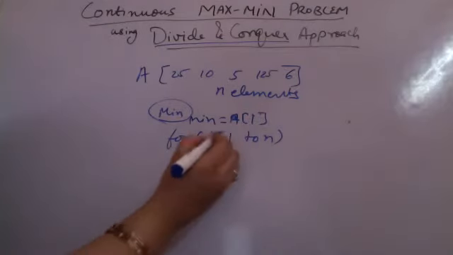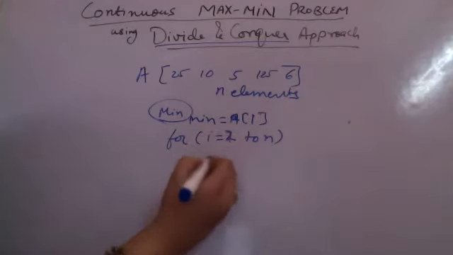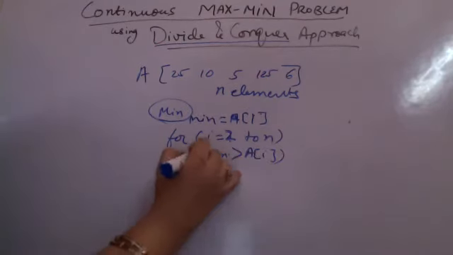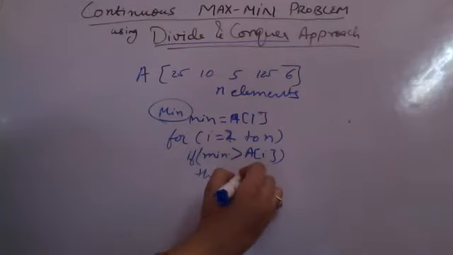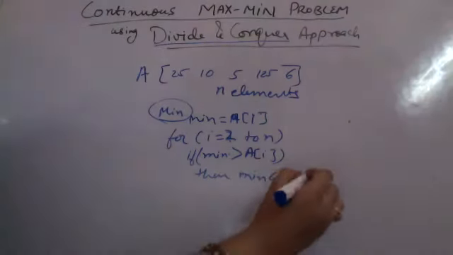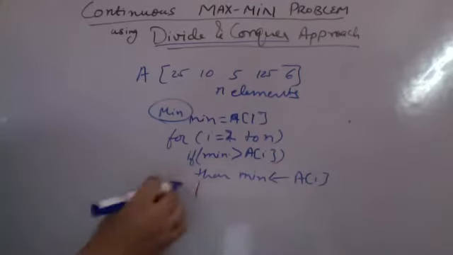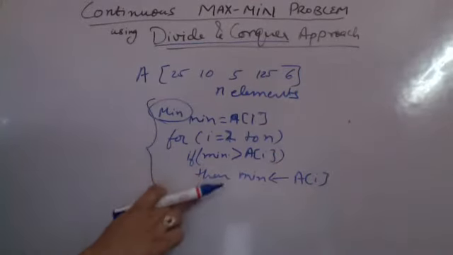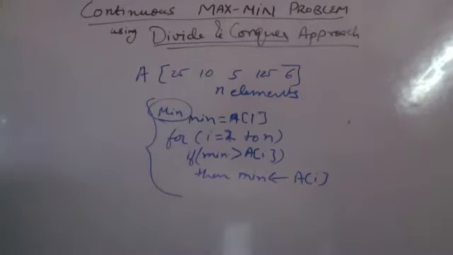Then I will begin from 2, and check: if minimum is greater than array of i, then the minimum value should be replaced by array of i, and this loop should continue. That's it. At the end, you can print the value. This is the only algorithm you need to know for finding the minimum of the list.